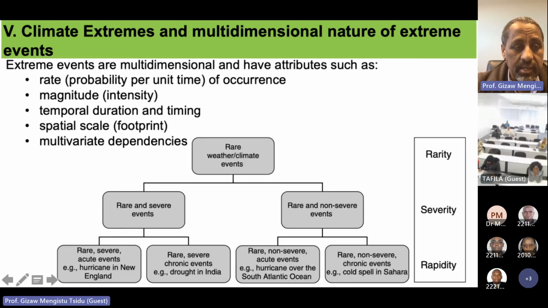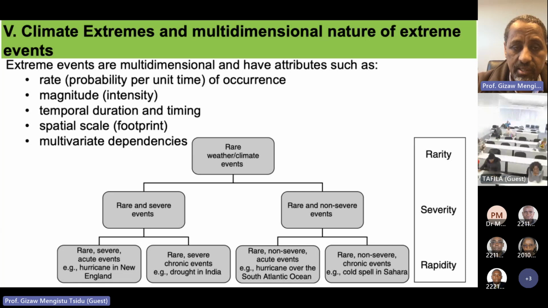Extreme event is basically multidimensional. That means you can characterize it in terms of different metrics, in terms of different aspects or properties. So that's why we say multidimensional. For instance, rate, the probability per unit time of occurrence, is one aspect with which you can characterize an extreme event.